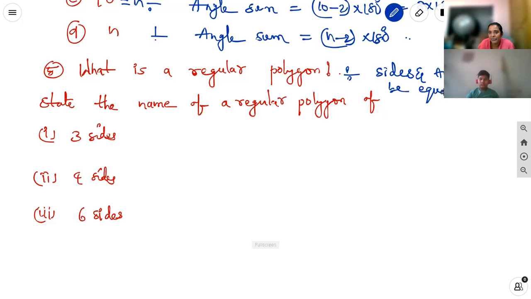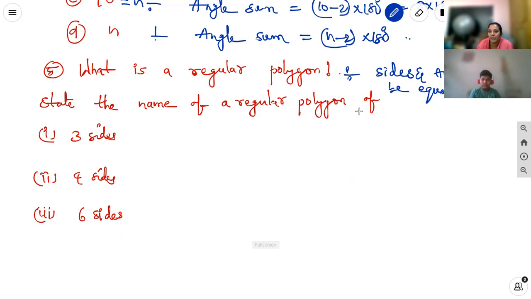That is the condition of regular polygons. If a polygon has a certain number of sides, such number of angles will be there, and those should be equal. Then the polygon is said to be a regular polygon.